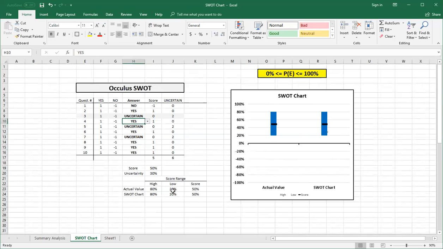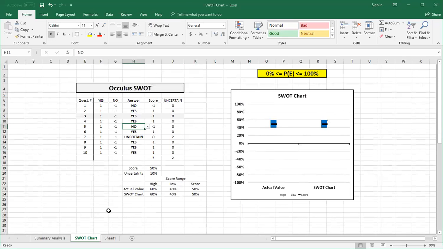Please keep in mind that yes and no move the entire bar up and down. Uncertain makes the bar larger or smaller. If you change an answer from uncertain to yes, which has a positive impact, everything moves up except the top line. On the other hand, if you change it to no, everything moves down except the bottom line. So that's how it works.